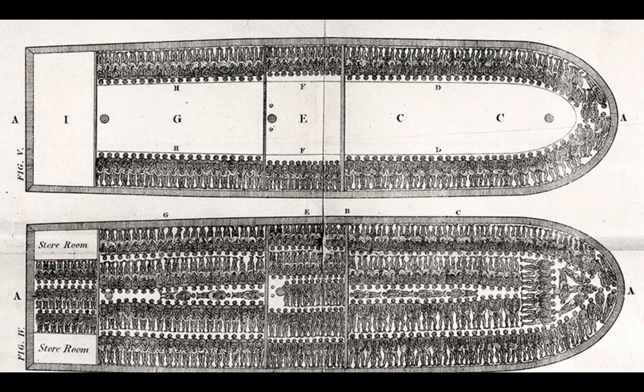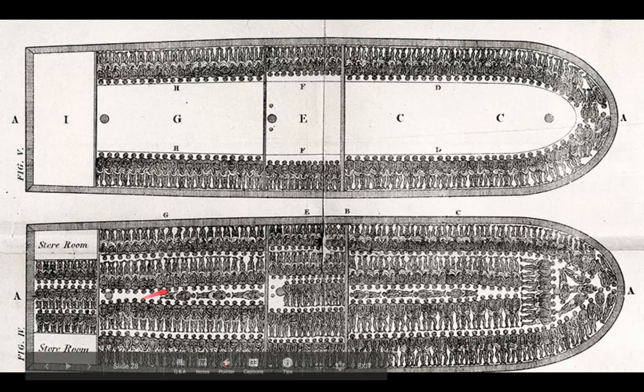This ship does not look like it is transporting people. It looks like it's transporting commodities, items, merchandise. This is the unfortunate reality of what the slave trade is going to be and how slavery is going to be such a foundation to our country and how we became such a rich country. And how the colonies were able to succeed the way that they were is because of this type of labor that we are bringing into our country.